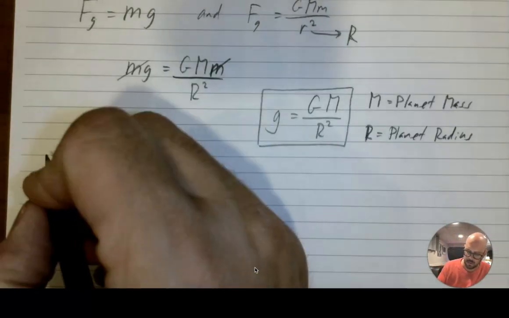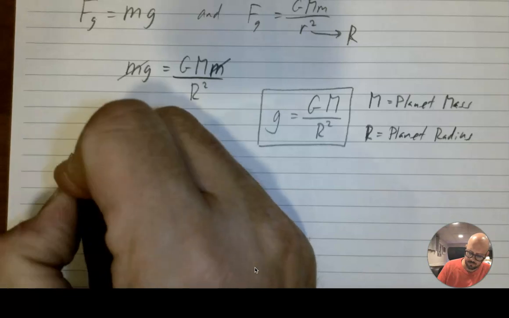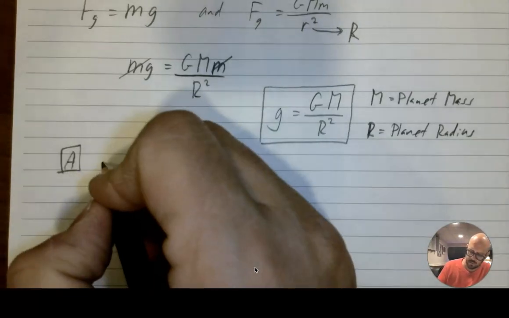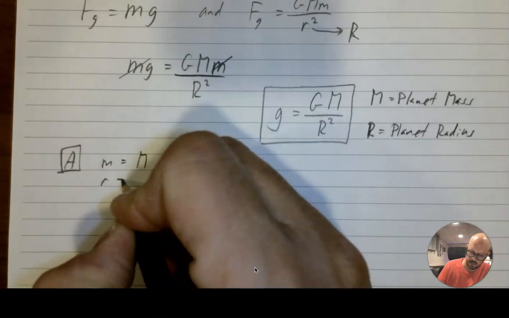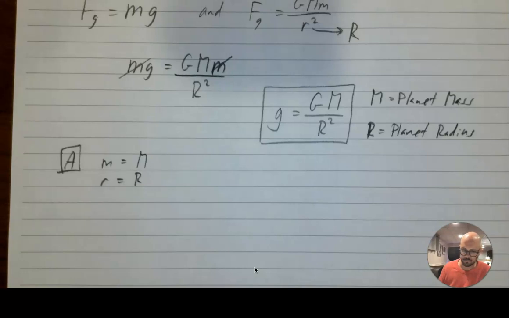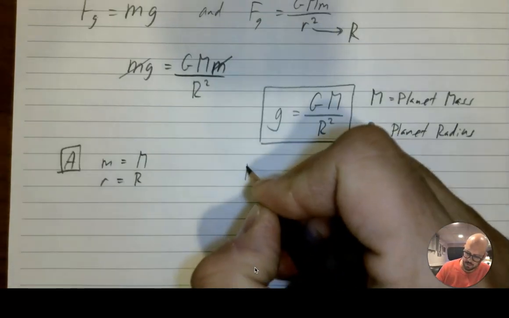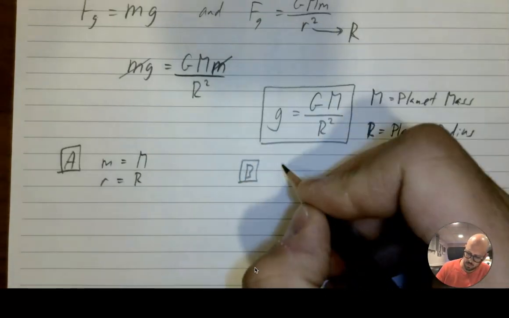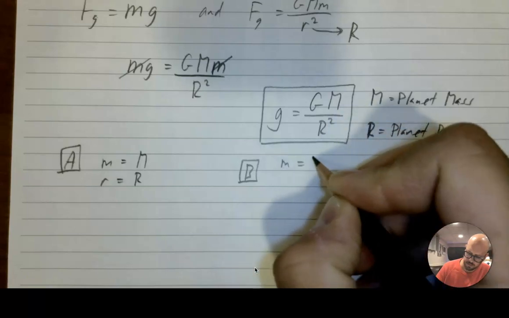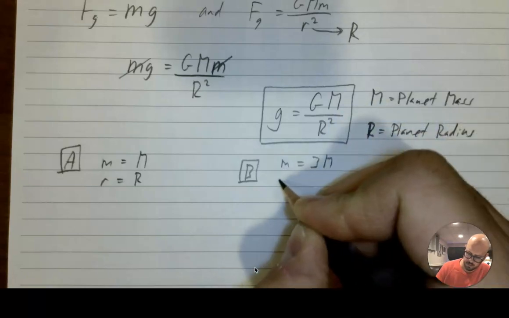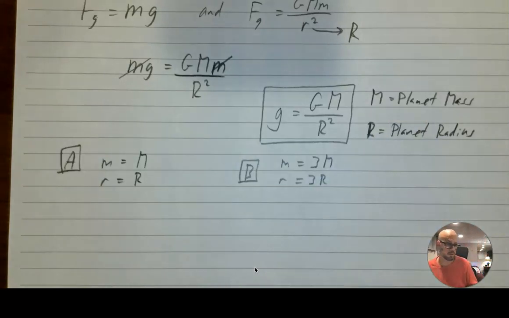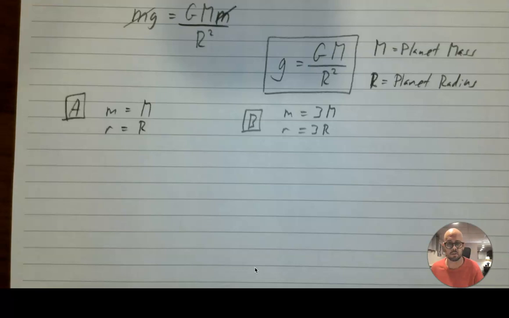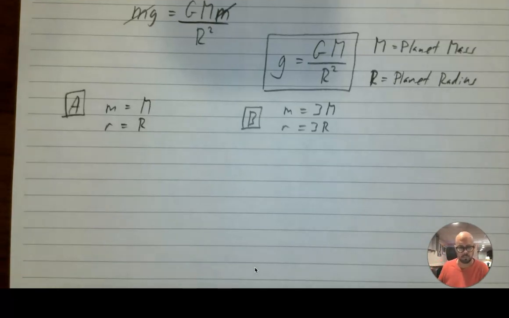So if we have planet A, where the mass of the planet is m and the radius of the planet is r, we're going to compare that to planet B, where the mass of that planet is 3m and the radius of that planet is 3r. So it's both bigger and more massive, bigger volume and bigger mass.